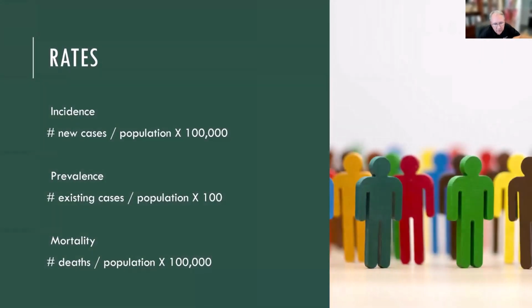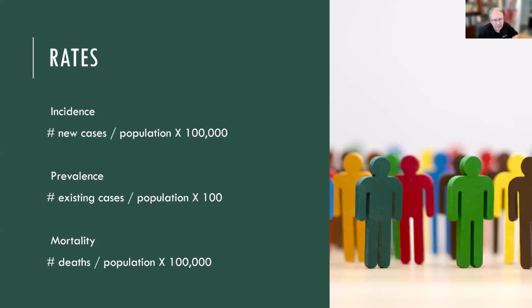One thing you'll do with calculations are to do rates. So you may have an incidence rate. The incidence is the number of new cases compared to the population. So if there's 2 heart attacks per 100,000 people this year, that's the incidence rate. The prevalence rate is the total number of existing cases.